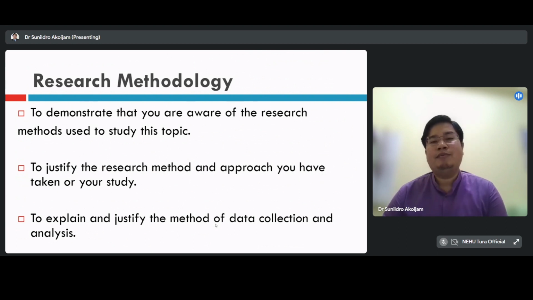Let's say that you have used the interview method for data collection. You have to justify why you think that collecting data through interviews is the most appropriate or most feasible in your case. If the research methodology section is very clear, then it reflects the strength of your paper and your research also.